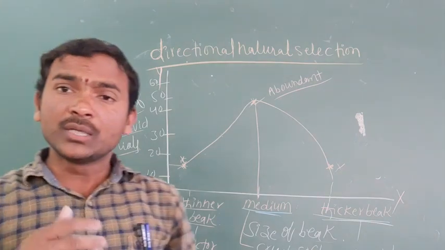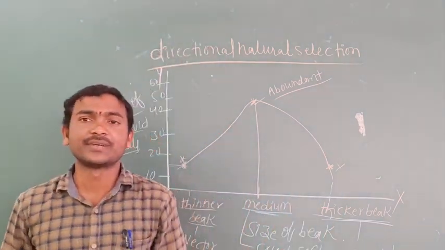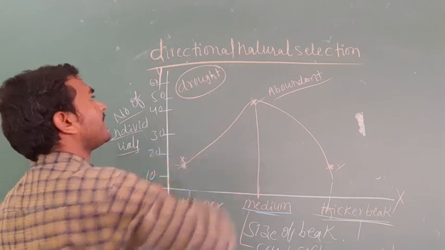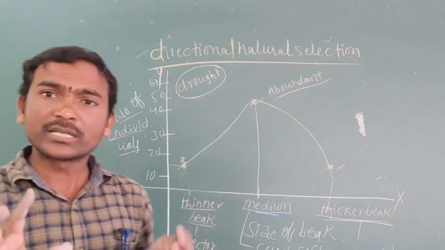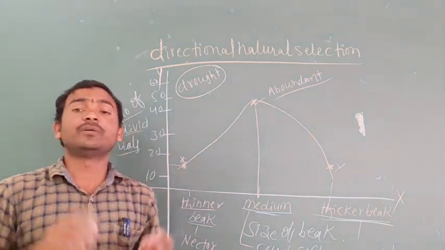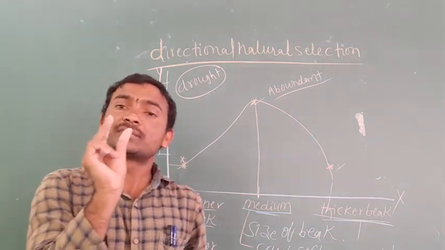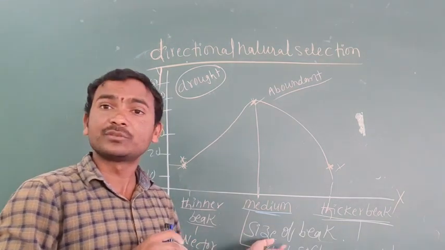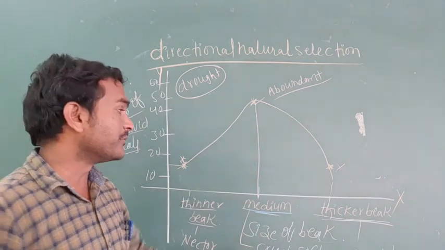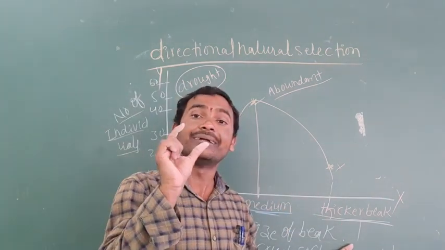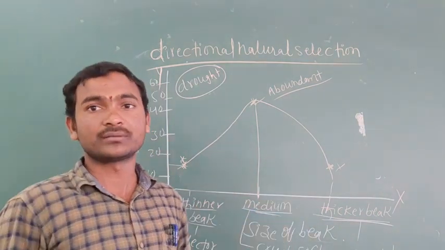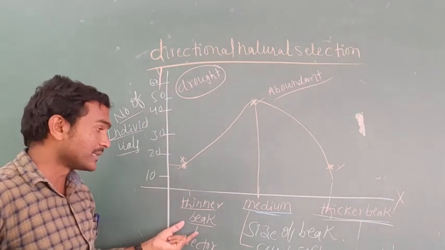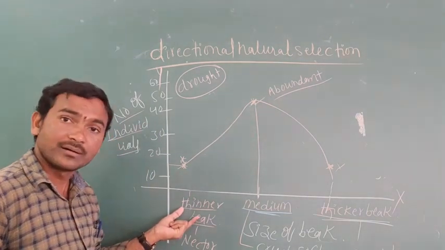What happens when the environmental conditions change? For example, a drought happens. Due to the drought there is a shortage of food. When all the leaves are damaged, the soft seeds also reduce in number. Only the hard seeds, which the thicker beak crushes, are available.